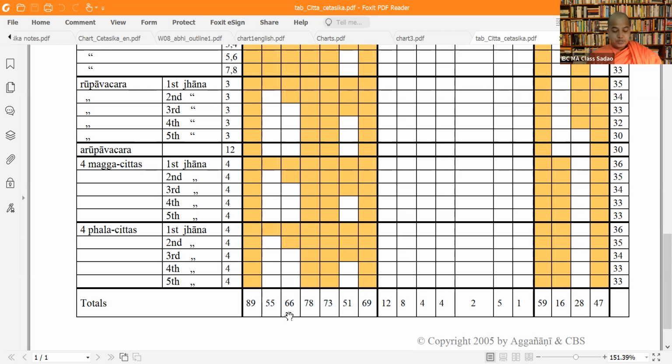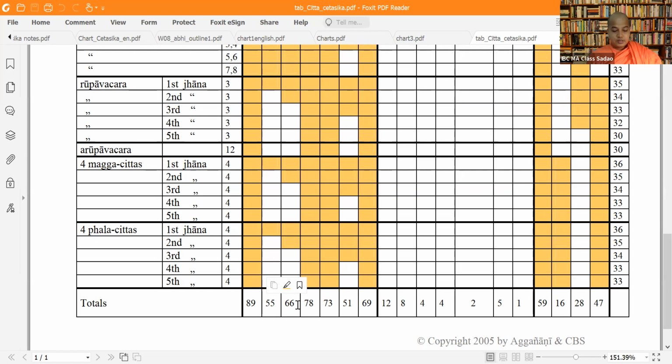So without the particulars means out of 121, when you minus 55, there are 66 chittas. So it is referring to that.